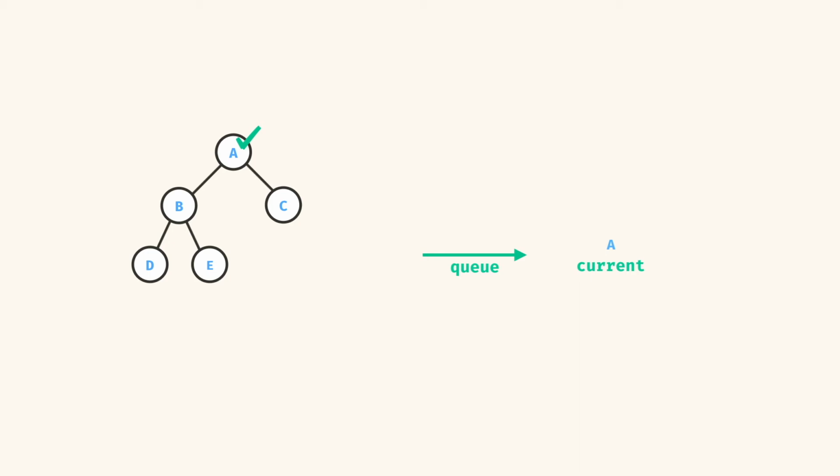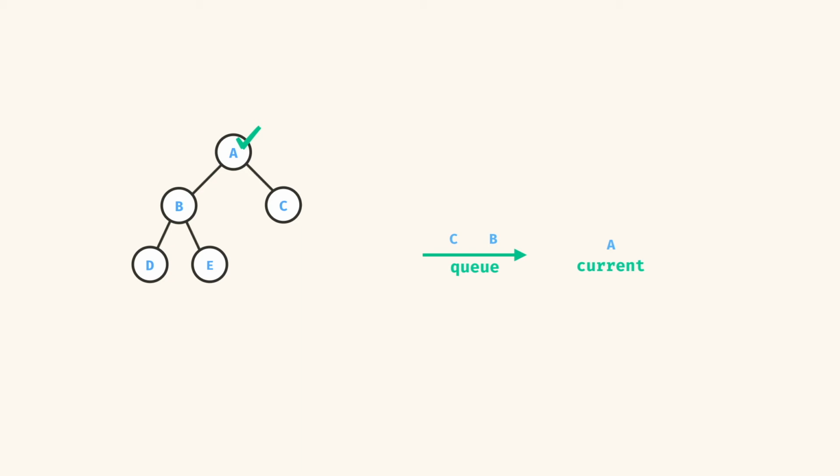However, I'm going to be sure to put my left child B and then my right child C. And what does that establish? Well, if I make sure I add my left child before my right child, then I know that in the grand scheme of things, my right child is going to be visited later. And that's an important aspect of this solution.